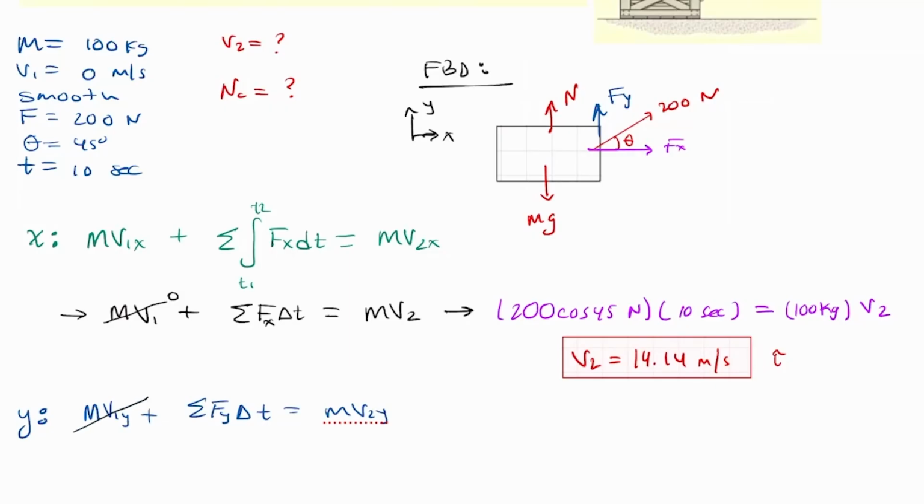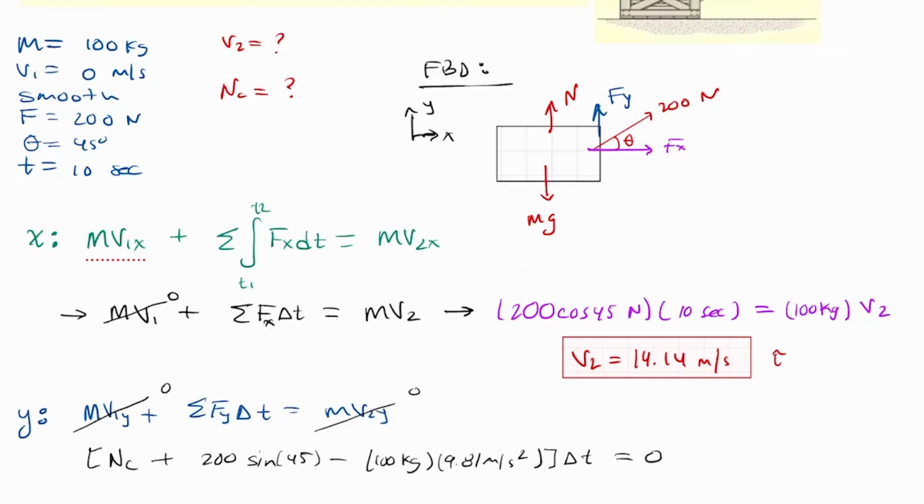So once again, our box is not moving in the y, so we can cancel out those terms, and we'll only have the forces times the time. So we'll have the normal force times the change in time, plus the 200 sine of 45, minus the 100 kilograms times gravity, 9.81 meters per second squared, all multiplied by t, equals 0 on both sides.